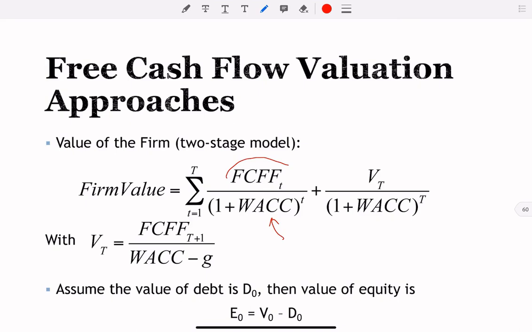How do you use the equity cost of capital and the debt cost of capital to calculate the weighted average cost of capital? Again, if you forget how to calculate WACC, then you should really consult your textbook or your lecture notes.